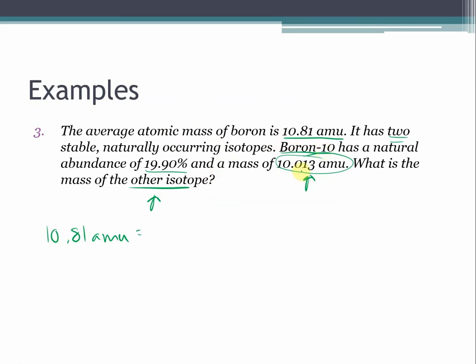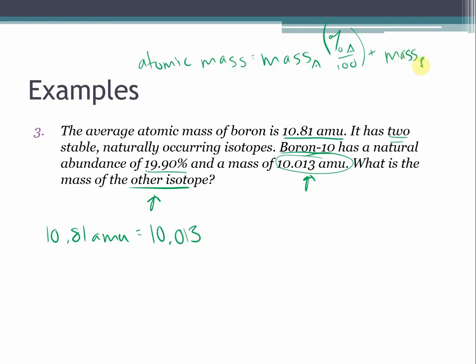So we'll do the mass of our first isotope is 10.013. So I should write this out. Remember, your atomic mass is equal to mass of A times percent abundance of A over 100 plus the mass of B times the percent abundance of B over 100.